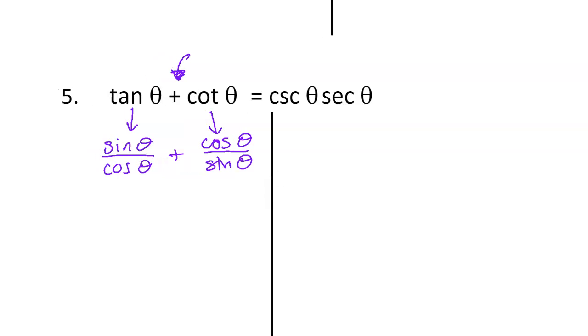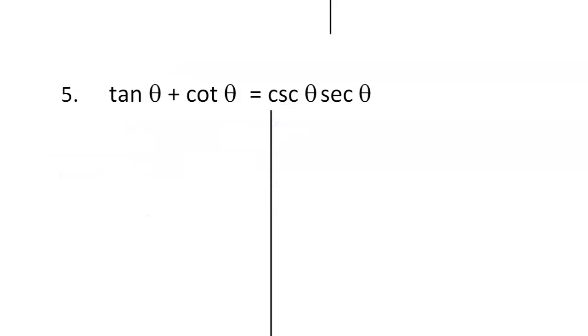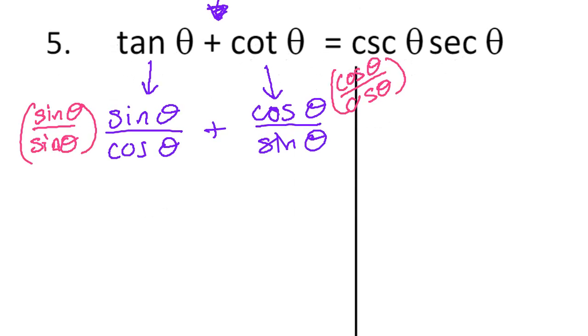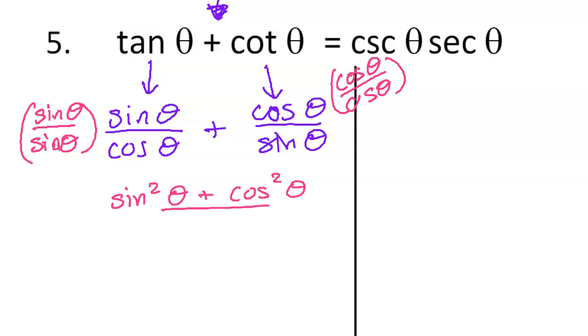So over here, I'm going to multiply this by the other denominator, sine of theta, and I'm going to multiply this by the other denominator, cosine of theta. My numerator becomes sine squared of theta plus cosine squared of theta over sine of theta times cosine of theta.